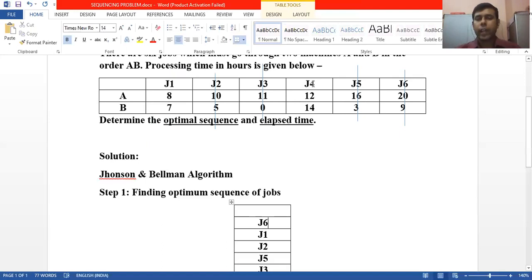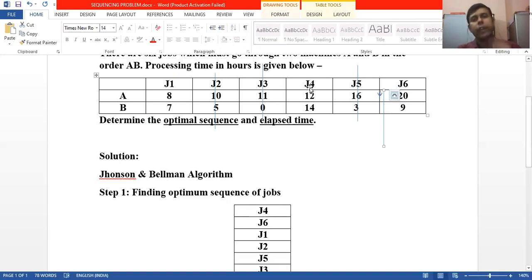Now the final and last one is J4 and you have only one slot remaining, so it is J4. I cancel it as well. So you do not have any other jobs to be entered in the queue. So this is your optimum sequence.